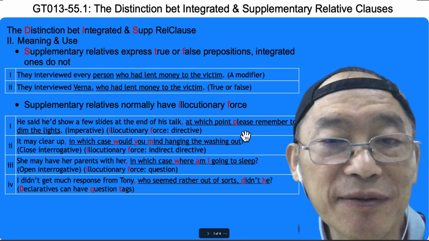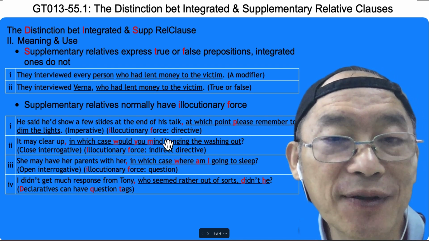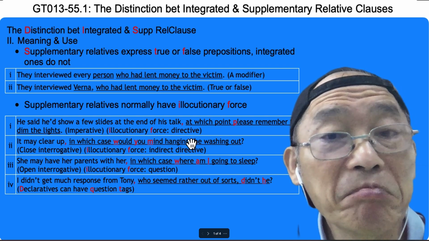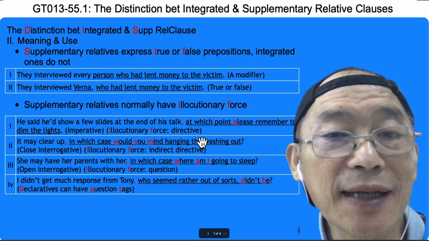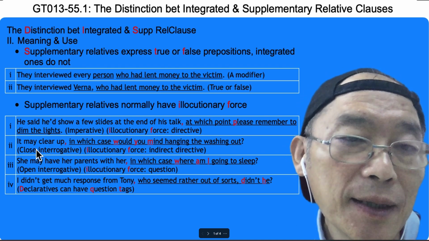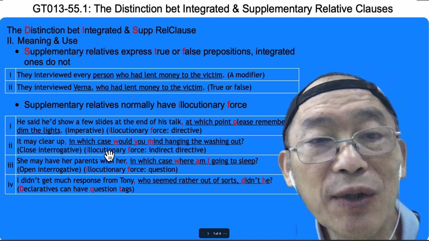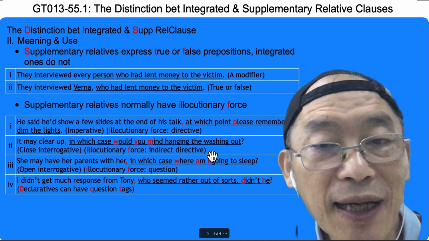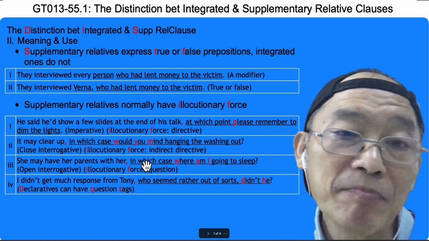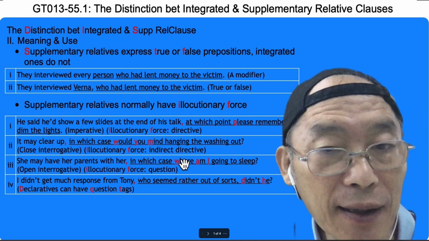So, imperative, that's illocutionary force, a directive. It may clear up, in which case, would you mind hanging the washing out? Illocutionary force is an indirect directive.